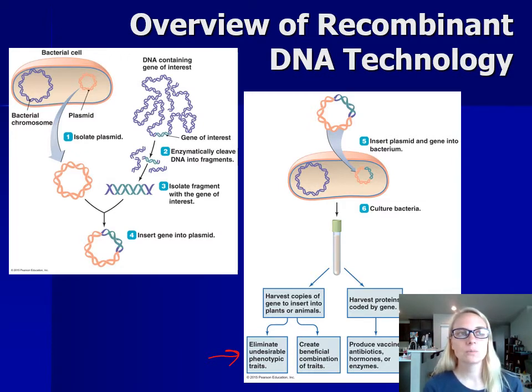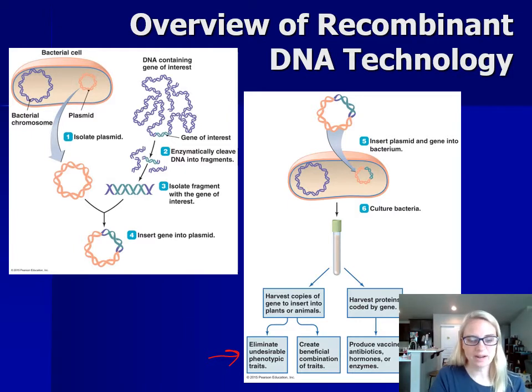So once this kind of technology was more commonplace and could be done pretty well and pretty safely, they were able to get bacteria to produce human insulin that could then be extracted from these big tanks of bacteria and processed and isolated, so we don't get any bacteria bits in there. It's just the pure human insulin, and that is what diabetics are using now. So let's take a look at that.